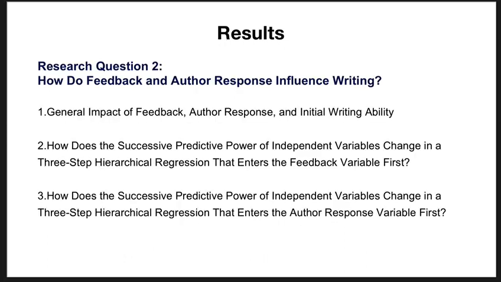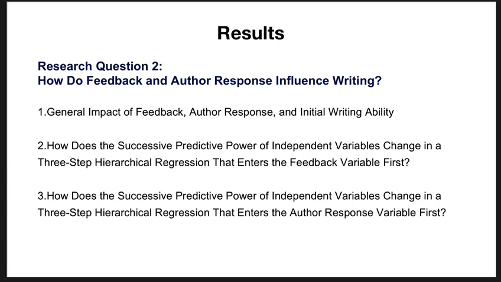Then it's about the second research question: how do feedback and author response influence writing? The author answered this question from different dimensions. There are the general impact of feedback, author response, and the initial writing ability.